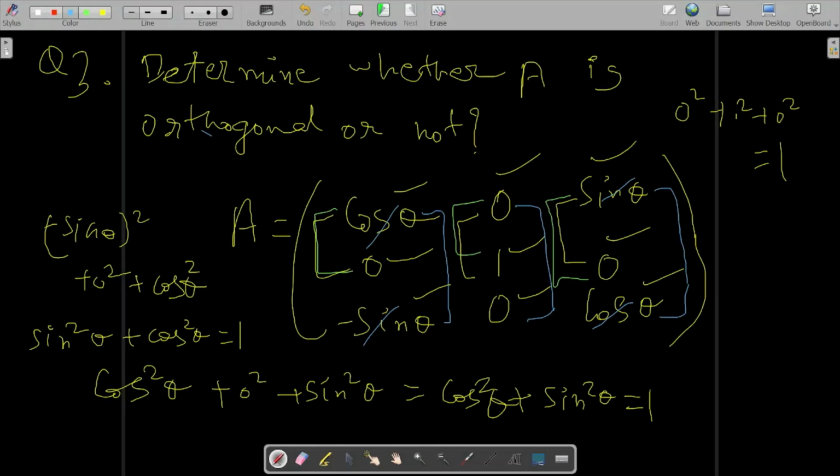So the first and second rows, and the first and third rows, multiplied together satisfy the condition. Now the second and third rows: similarly 0 plus 0 plus 0 will come. So all the conditions are satisfied, and clearly this matrix is orthogonal. In this way you can prove the things.